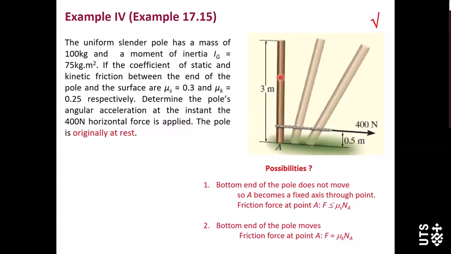In the meantime, because this is a slant rod, it will be falling down. Then in this case, this rod will be undergoing a general plane motion, and at point A the friction force will be kinetic friction force. It can be calculated using mu k times Na.